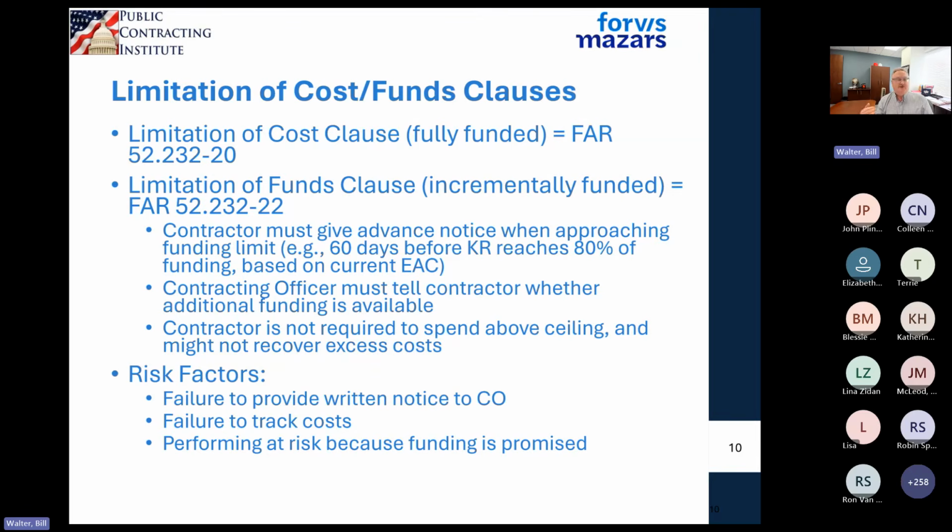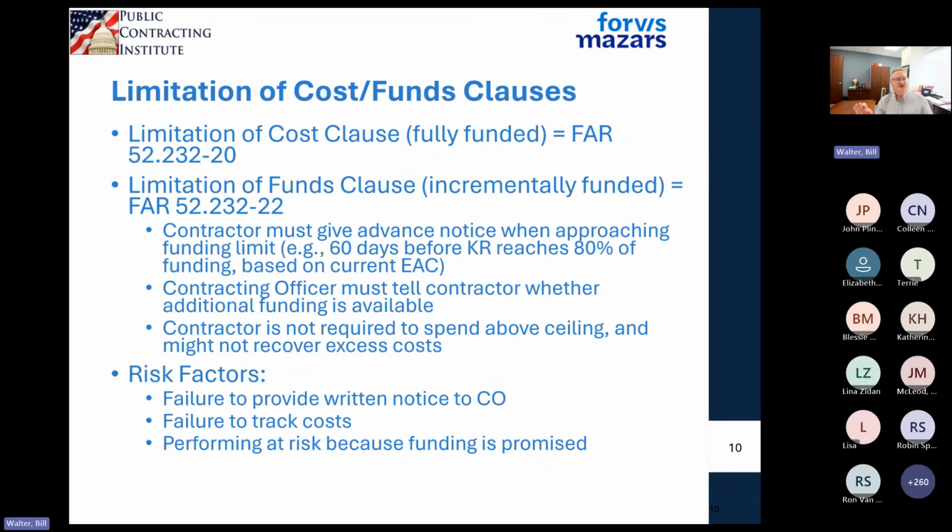And when you give them that notice, the contracting officer has to tell you if additional funding is available. And if additional funding is not available, you've got to figure out, how am I going to get the work done in the next 60 days plus however long it takes me to get that last 20%.